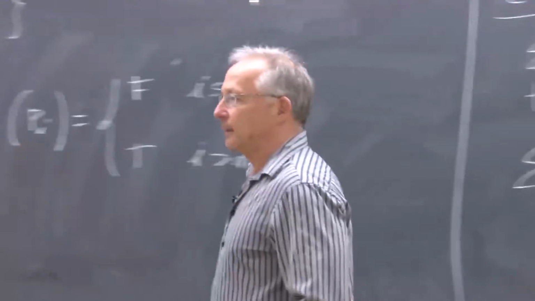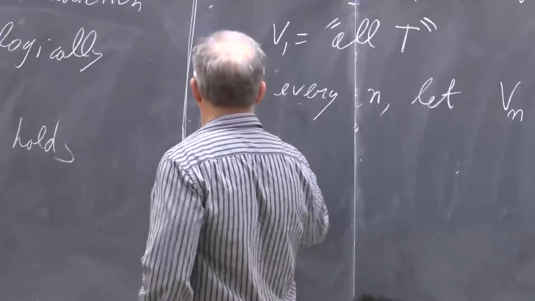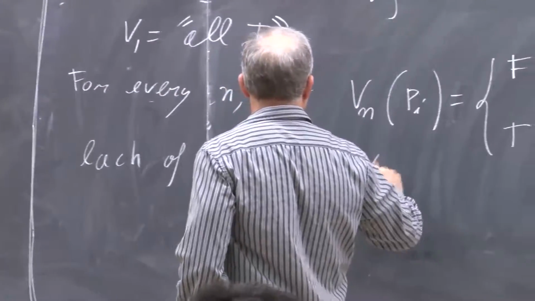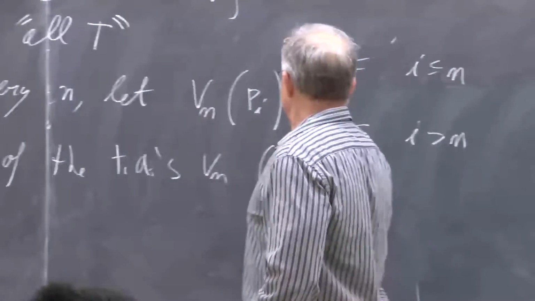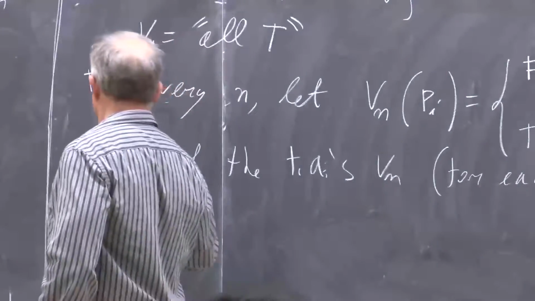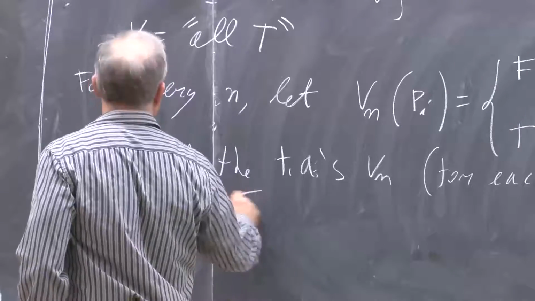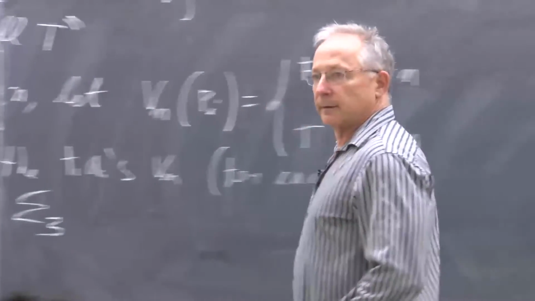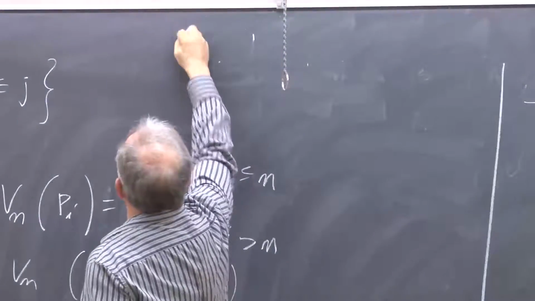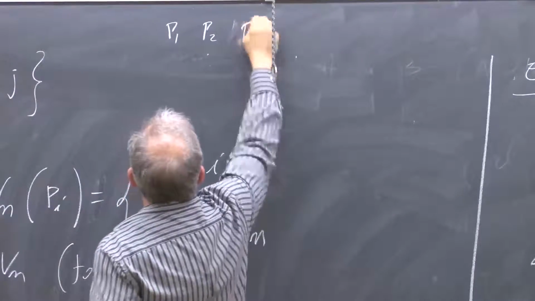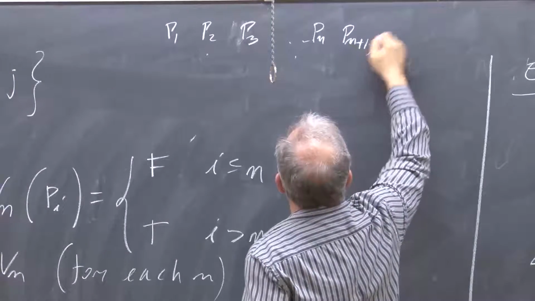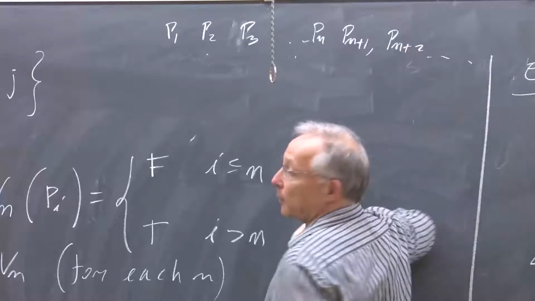And now I claim that each of the truth assignments Vn, for every n, satisfies sigma 3. Because what will happen is, at the beginning I have here P1, P2, P3, Pn, Pn plus 1, Pn plus 2, and so on.